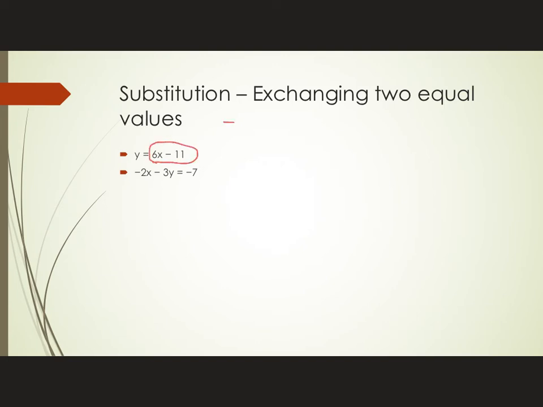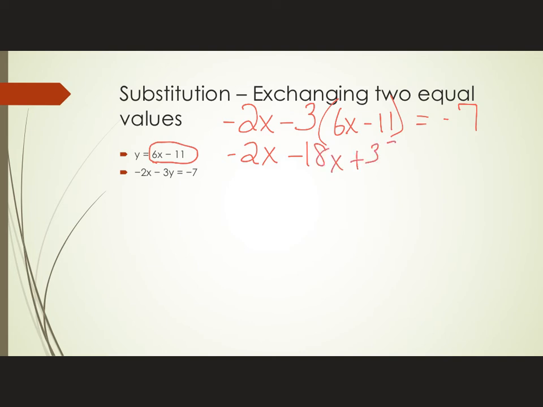So I have negative 2x minus 3 times my value for y is 6x minus 11 equals negative 7.